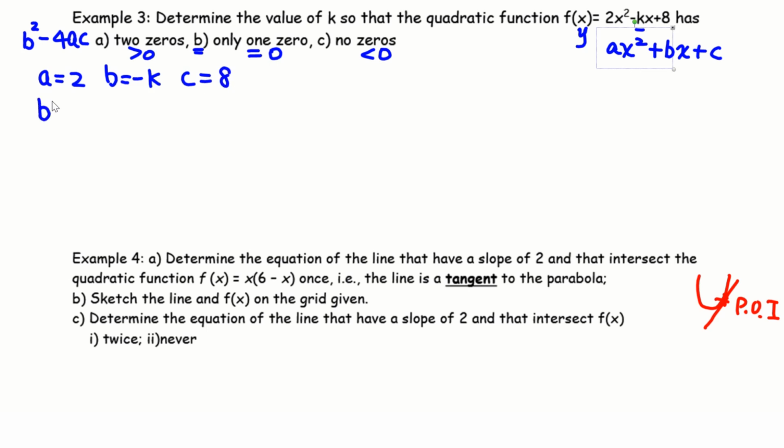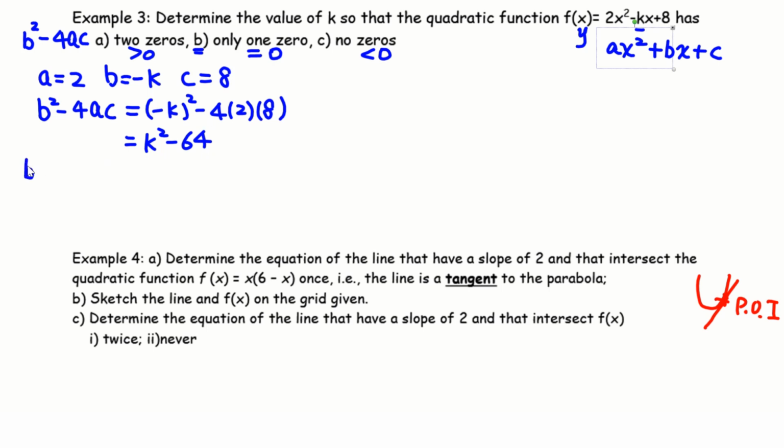So we sub in this a, b, c into b squared minus 4ac. We have negative k, bracket squared, minus 4 times a value times c. Then you will have k squared minus 4 times 2 is 8, 8 times 8 is 64.